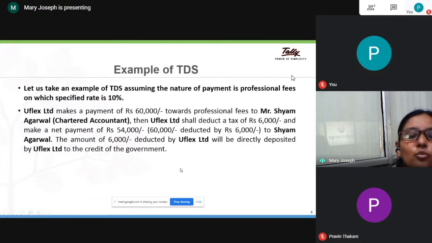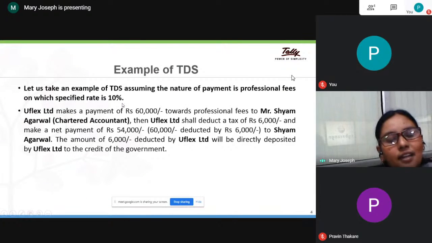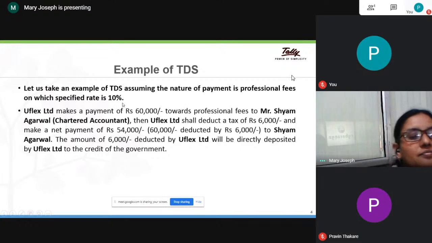Now let us take one example of TDS. Assume that the nature of the payment is professional fees, on which the specified rate is 10%. Uflix Limited makes a payment of rupees 60,000 towards professional fees to Mr. Shyam Agarwal, Chartered Accountant.